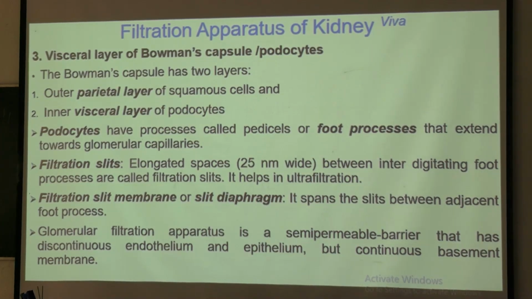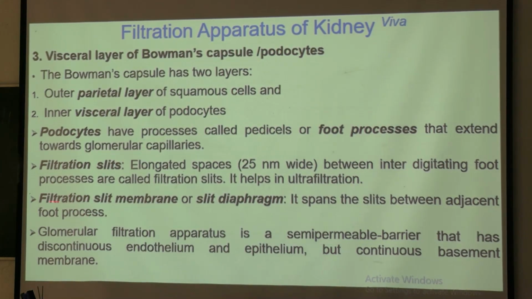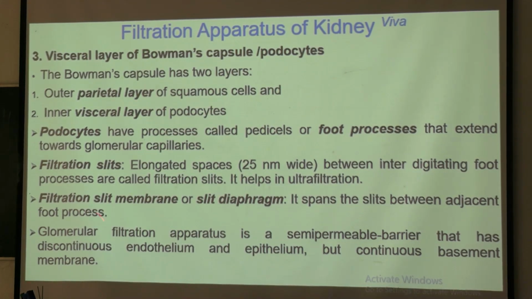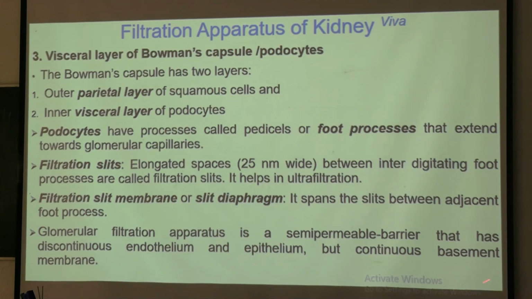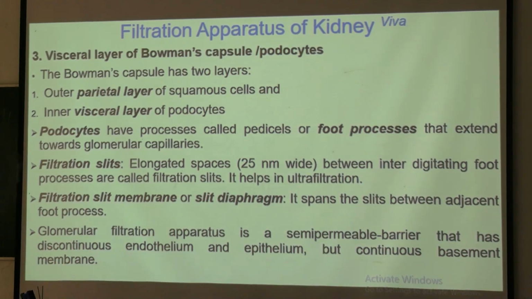Mainly large proteins and blood cells are not filtered. Next is the filtration slit membrane or slit diaphragm. It spans the slits between the adjacent foot processes. The glomerular filtration apparatus is a semi-permeable barrier that has discontinuous endothelium and epithelium but continuous basement membrane.